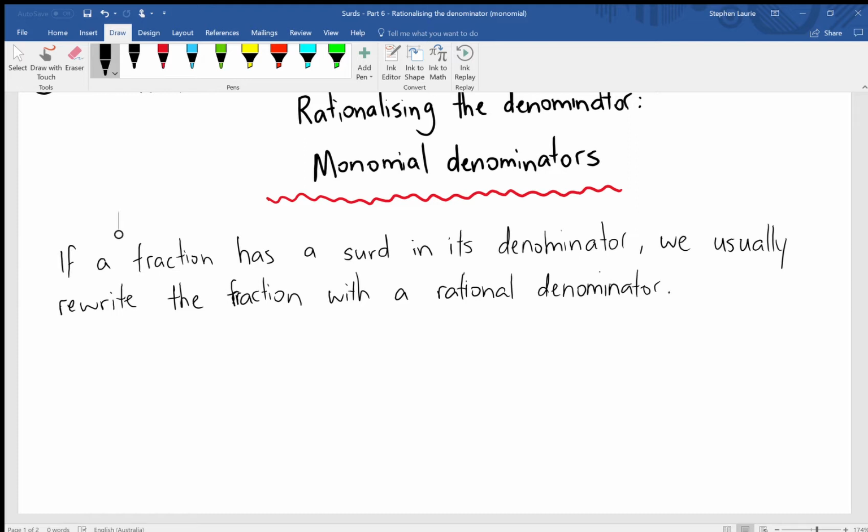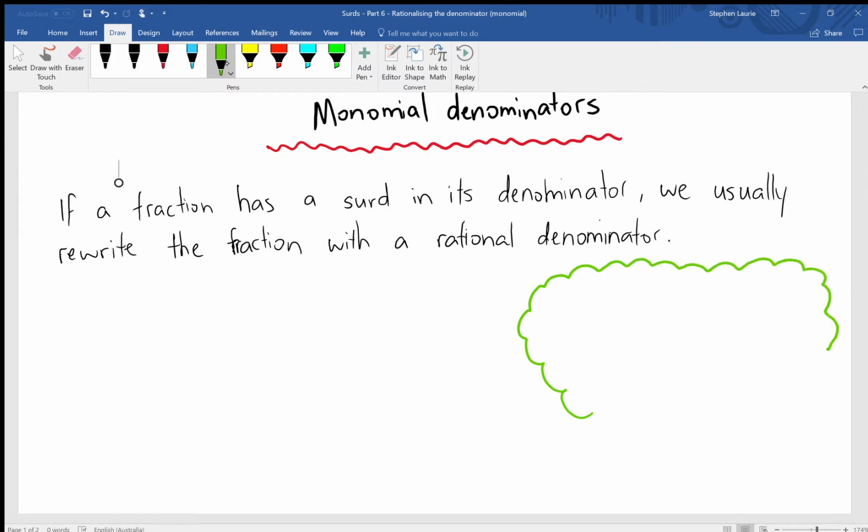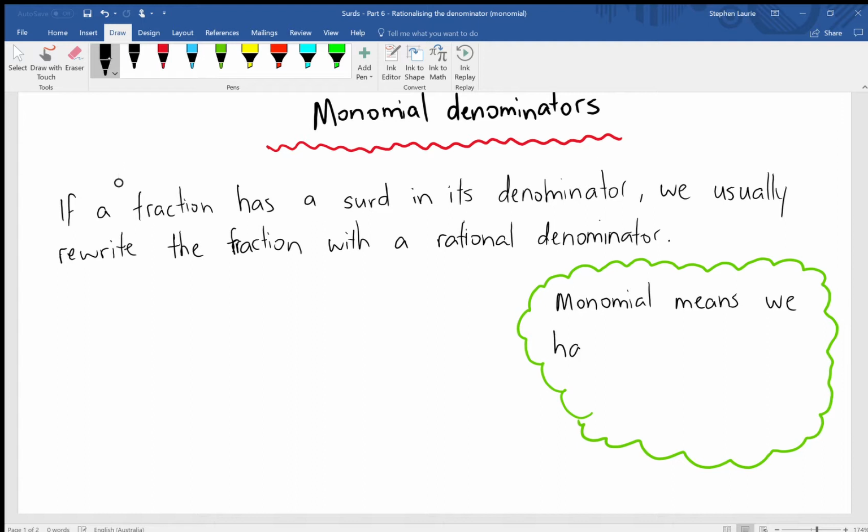We will just define what monomial means a bit better. So just off to the side, let's have a little look at defining what monomial means. Okay, monomial means we have one term.